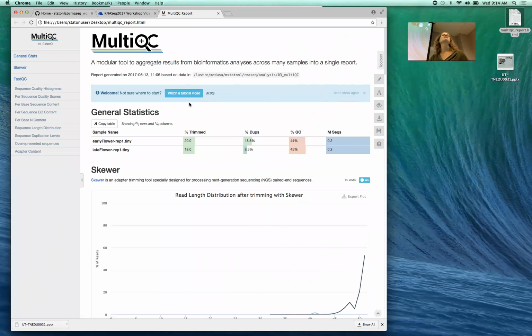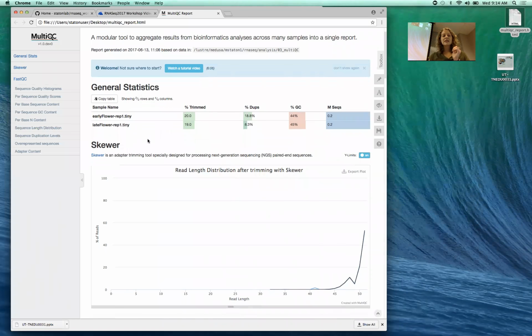If you click on that, it'll take you to YouTube. You can learn a whole bunch more about the MultiQC interface and all of the interesting stuff that you can find out about your data. The first thing at the top, it's going to give you what percent of your data were trimmed by skewer, what percent of your data were duplicates, so sequences that were identical.